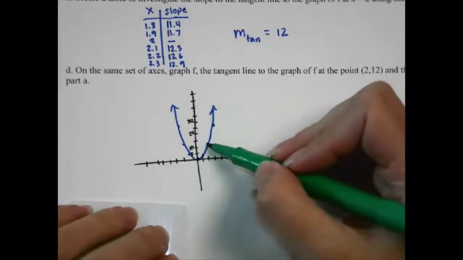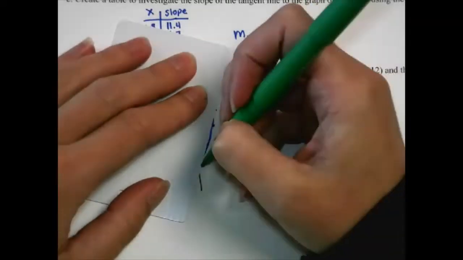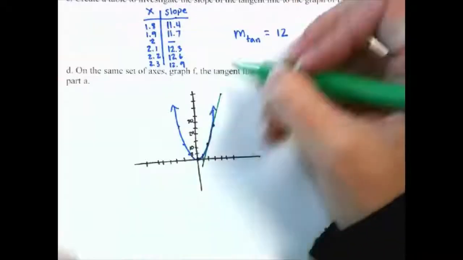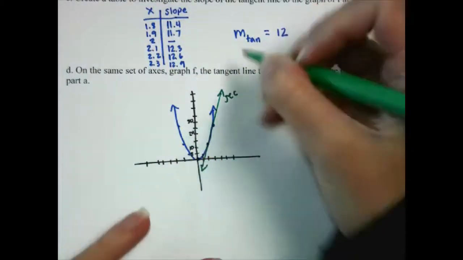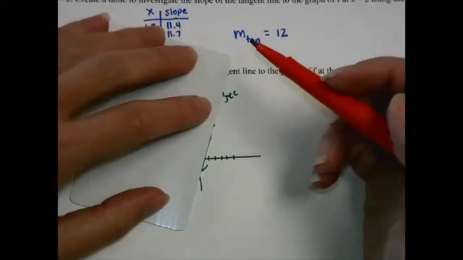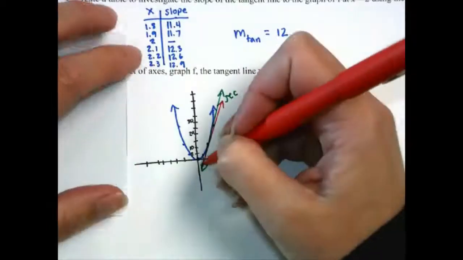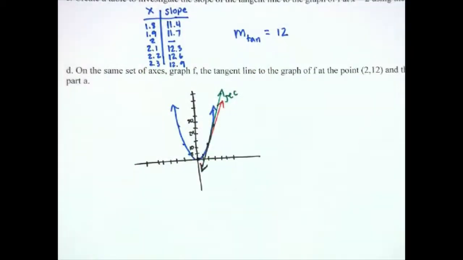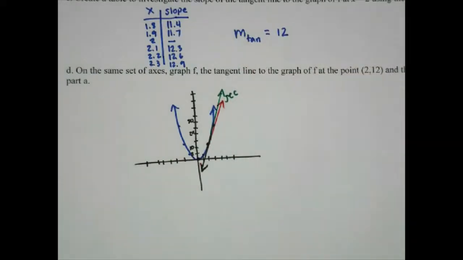Okay, so I'm going to go through the points 2 and 3 there. So my secant line is going to be that there. And then the tangent line, and this graph is going to be a little bit tricky, but the tangent line is going to look pretty close to the secant line just because of the size, but it's one that touches that point and then just goes on.